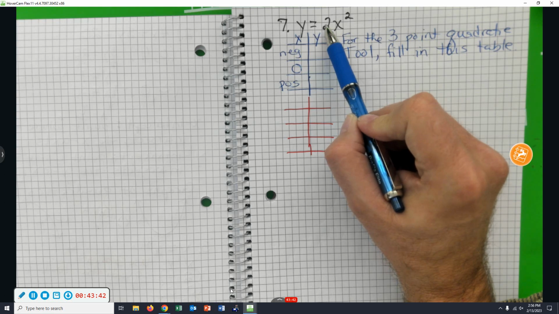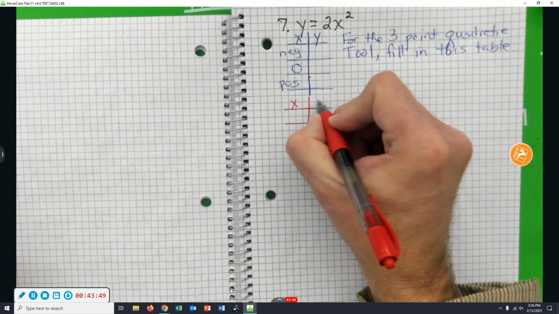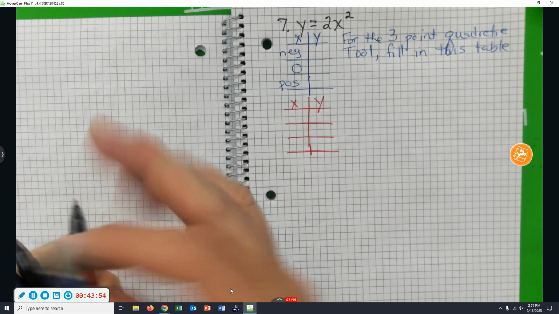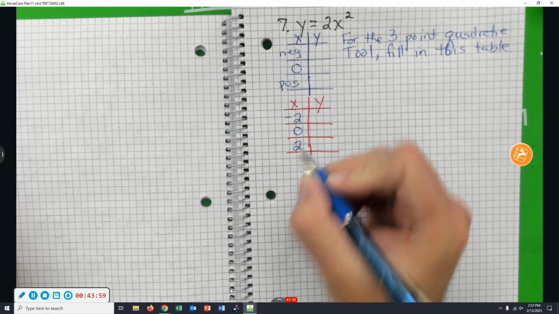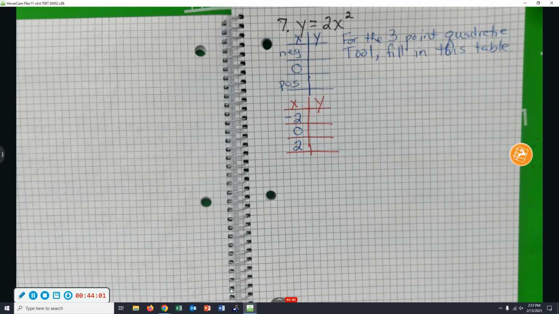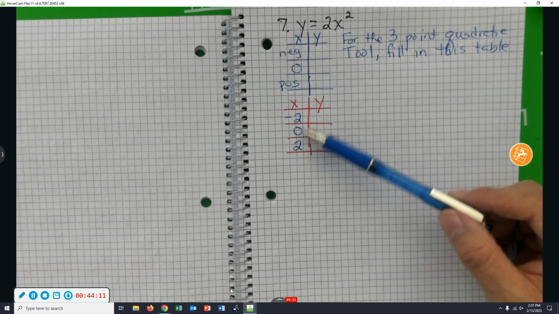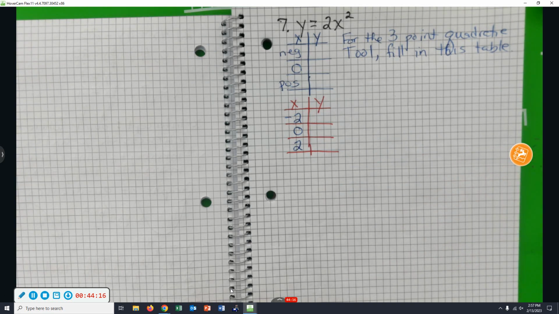Is that too big for my graph paper on the computer? Yeah. So I'm just going to use what they used on number 3. -2, 0, +2. Okay. To use that 3-point quadratic tool, you've got to get 3 points. One of them has to be 0, and then a negative and a positive. Okay? So let's see.